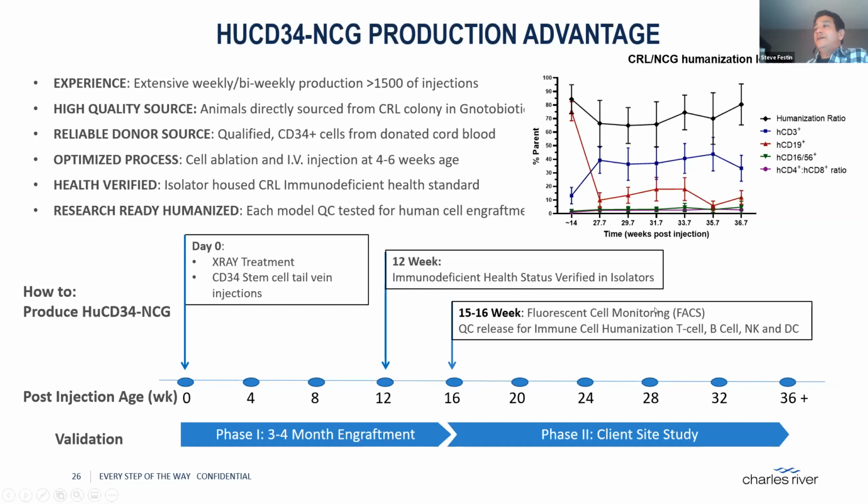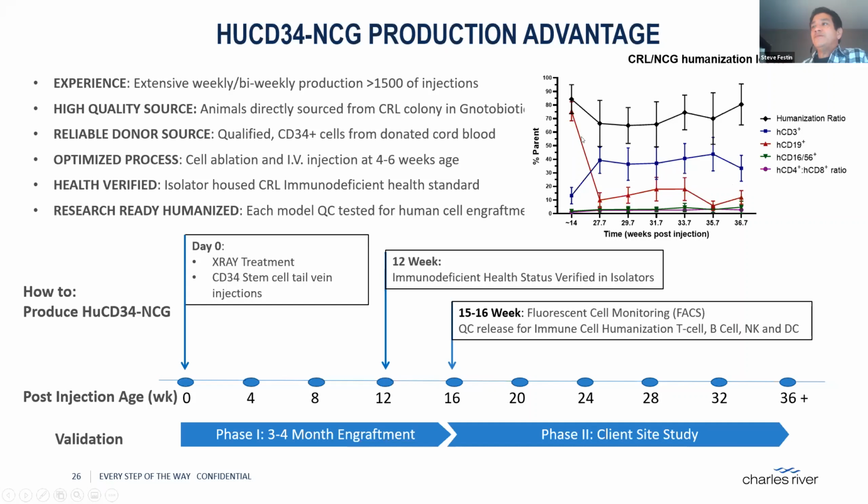We see increasing T cells over time, CD3s. CD19s tend to be fairly high early on, and then also drop off and level off during the course of the typical experiments without any problem as well.